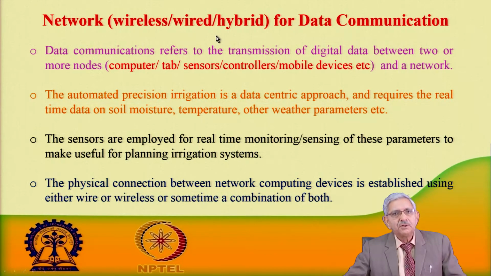This slide is giving the meaning of the different types of network which are used for data communication. So, what do we mean by data communication? Data communication refers to the transmission of digital data between 2 or more nodes.